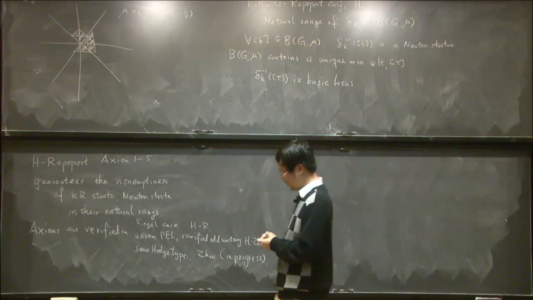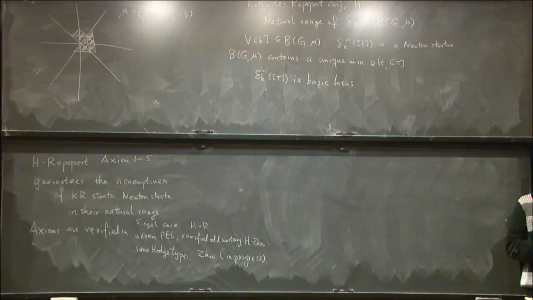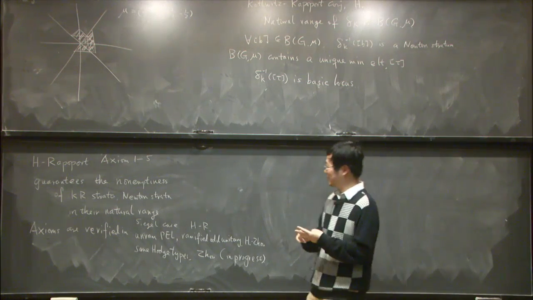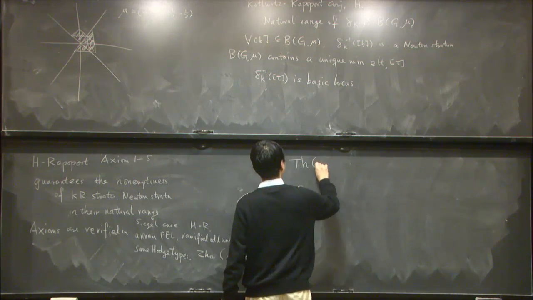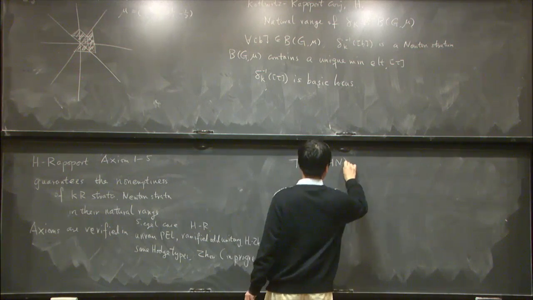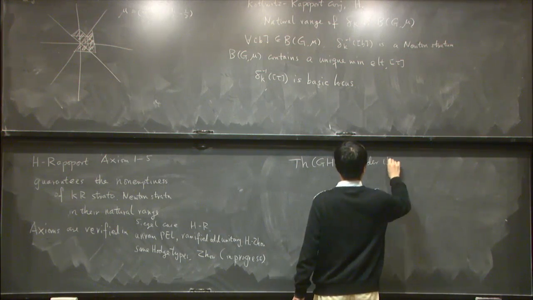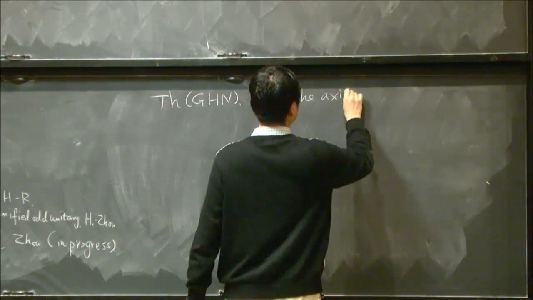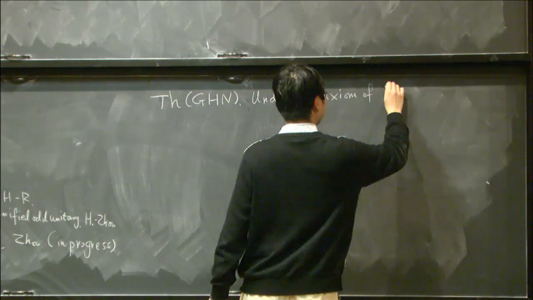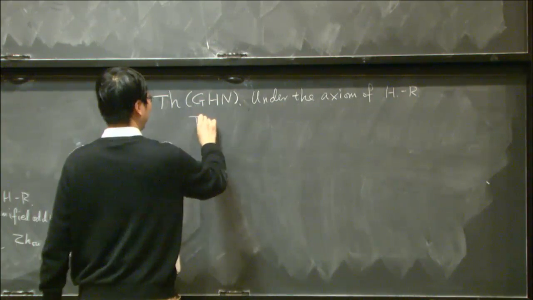Well, in the beginning of the talk, I said that I'm going to answer 3 questions: when, why, and what else. So now I'm first going to answer the third question, what else? Under the axioms, the following are equivalent.